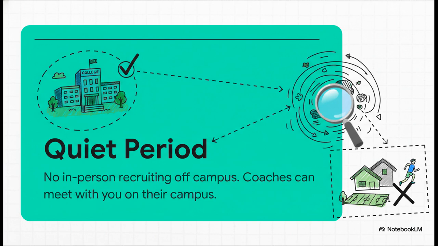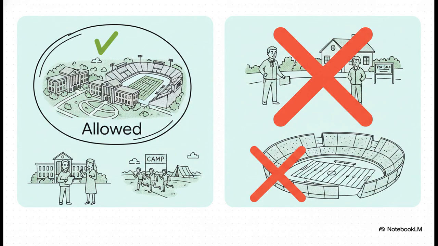That means coaches can't come to your house, they can't watch you compete in an off-campus tournament, none of that. Just to be crystal clear, campus visits, both official and unofficial, are totally fine. You can go to on-campus camps and clinics. And of course, all your calls, texts, and emails can keep going. The one hard and fast rule is that coaches simply cannot do any in-person recruiting anywhere but their own campus.